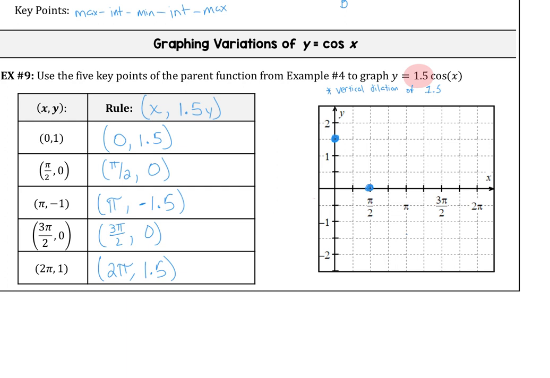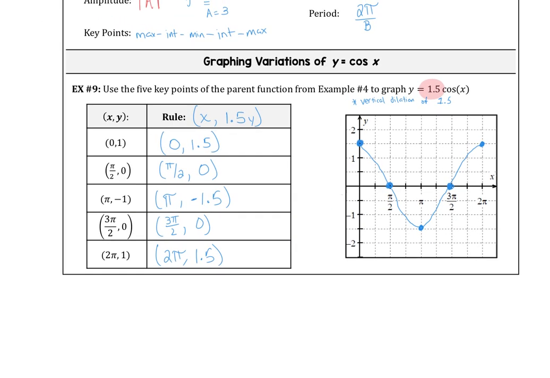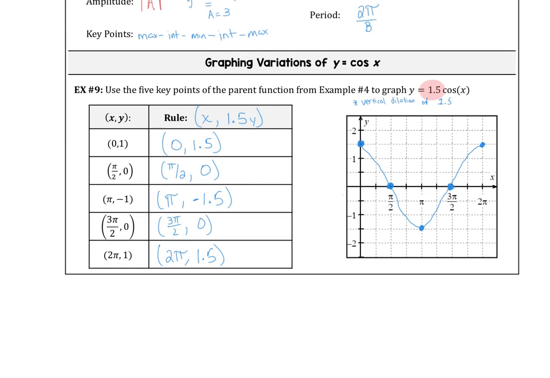Pi and -1.5 is here. 3 pi over 2 and 0 is here. 2 pi and 1.5 is here. And make sure again that you have some concavity in your curves. And there is one cycle of our 1.5 cosine of x.